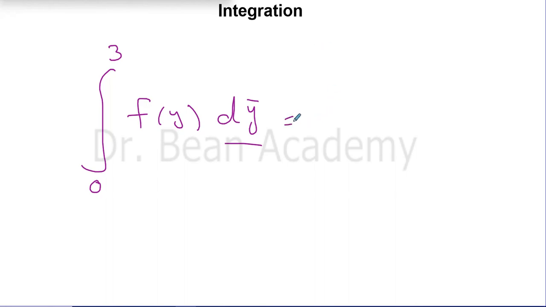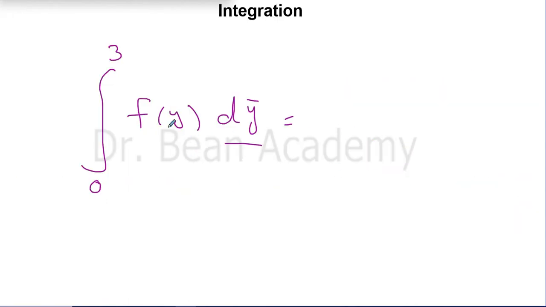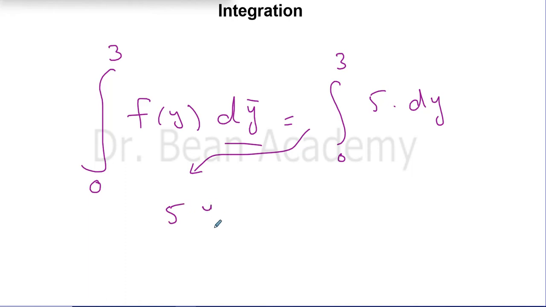So let's use this integral. Now the function is x equals 5, so this f of y is 5. I can write the integral from 0 to 3 of 5 dy. If I want to solve this integral, it should be 5y.